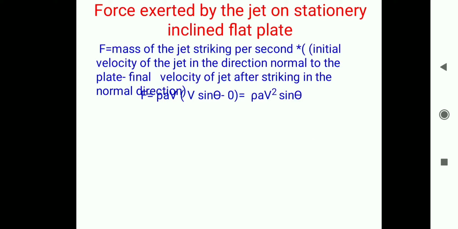So the equation becomes force is equal to rho AV, where initial velocity is V sine theta and final velocity is 0. So the final equation becomes rho AV square sine theta.